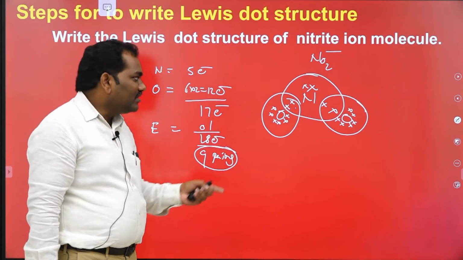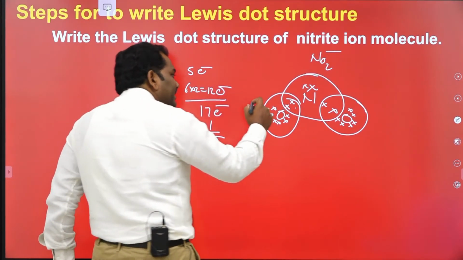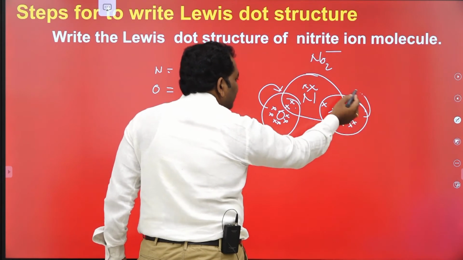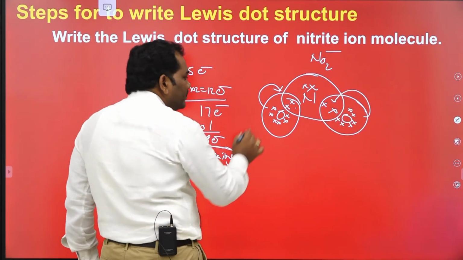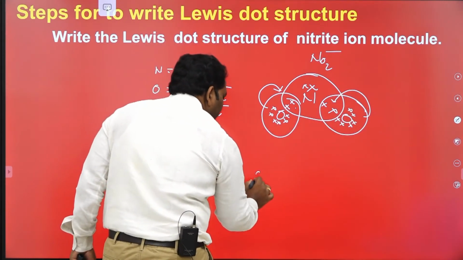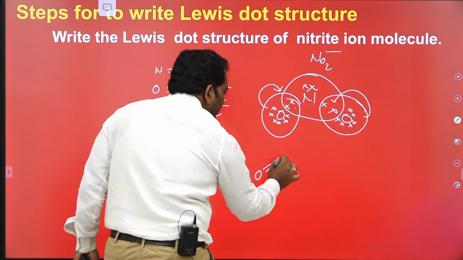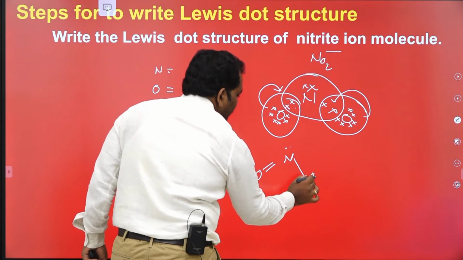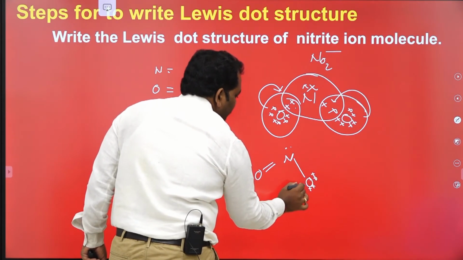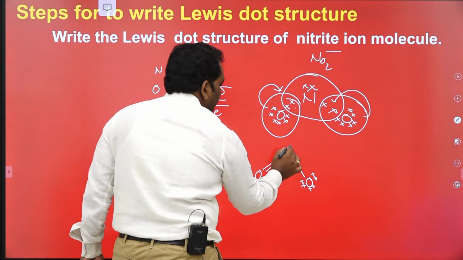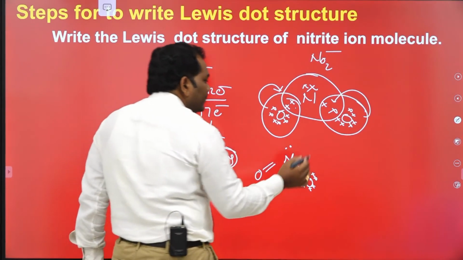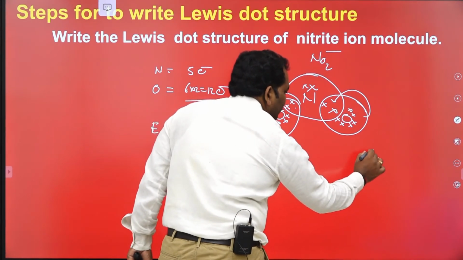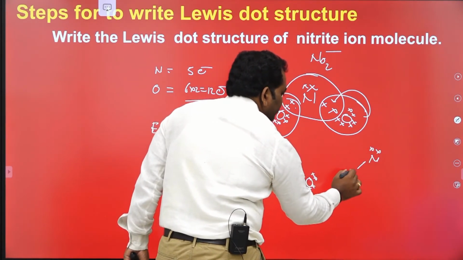Those electrons can be transferred either from this oxygen or from this oxygen. If you transfer from this oxygen, the bond becomes like this. Or if you transfer the electrons from this oxygen, the bonds are present like this.